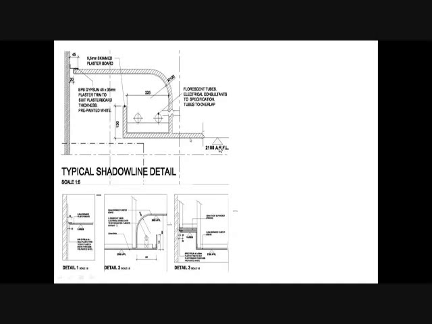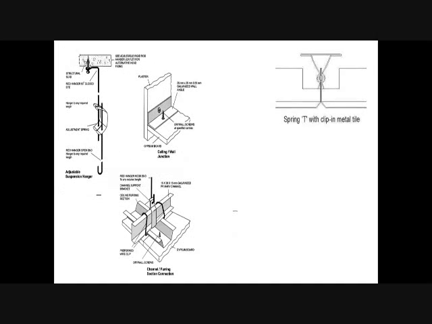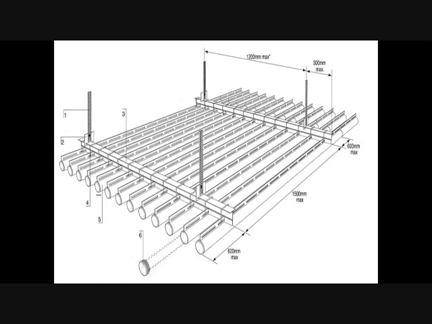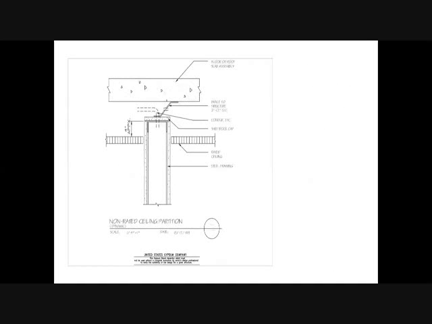So you can also depend on the indirect light or the hidden light. You can have different shapes, materials for special treatments of acoustics and stuff like that. These are also details of connections between partitions and ceiling.